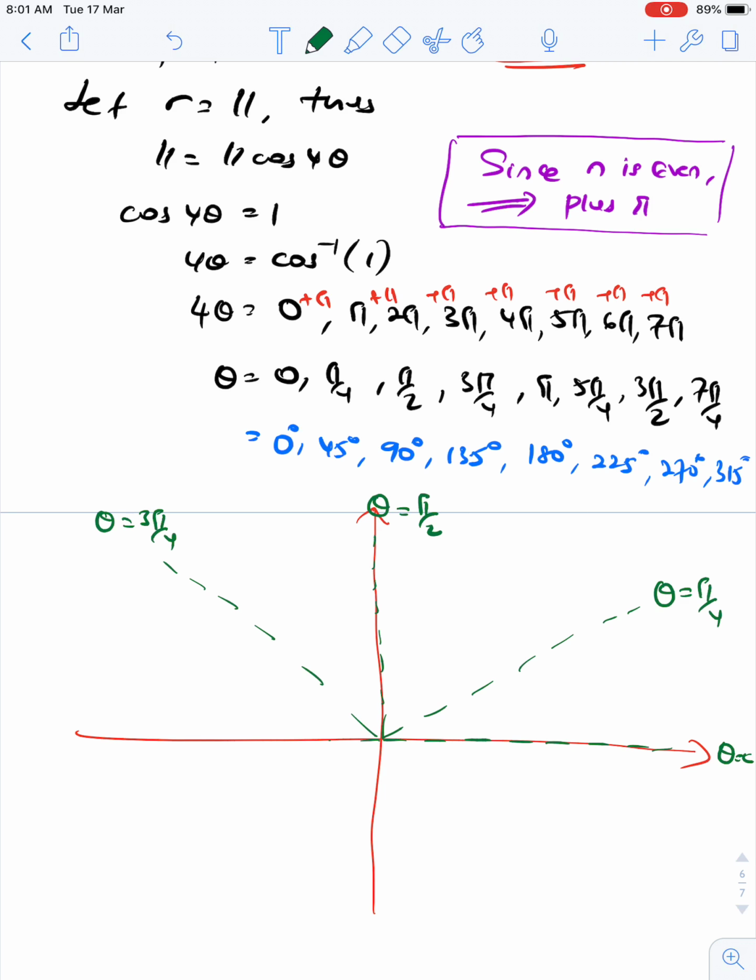And then theta equals pi. Next is theta equals 5 pi over 4. And then next theta equals 3 pi over 2. The last one is theta equals 7 pi over 4.